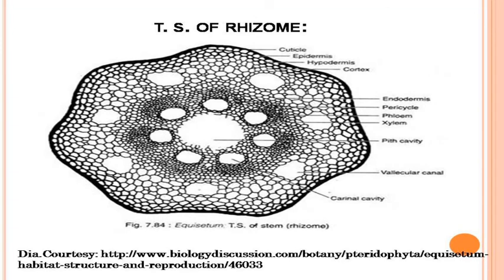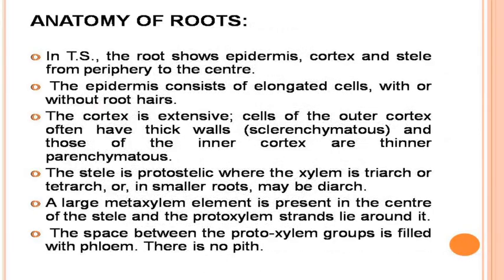Here, as you can see, almost all the things are similar, apart from no stomata, and the canals which are present are a little narrow as compared to those of the internodal portion.